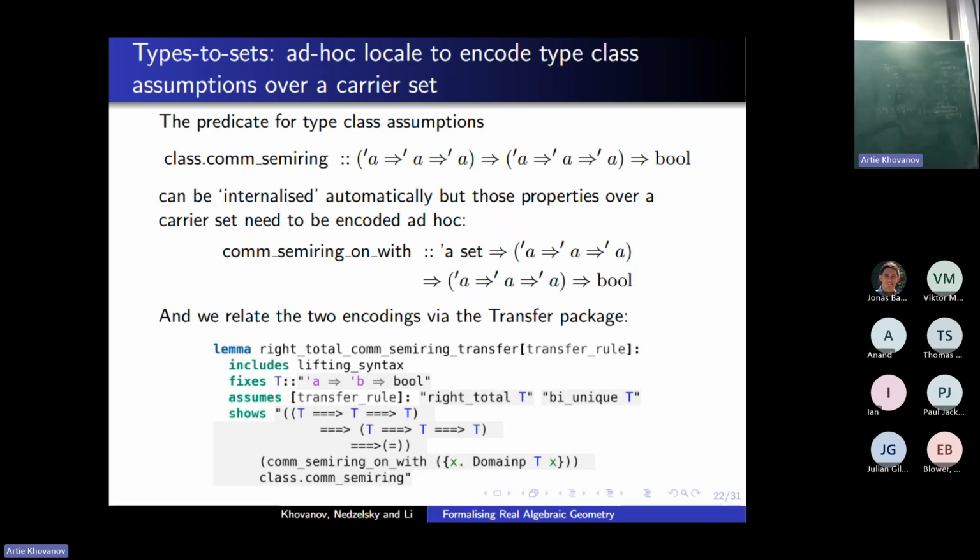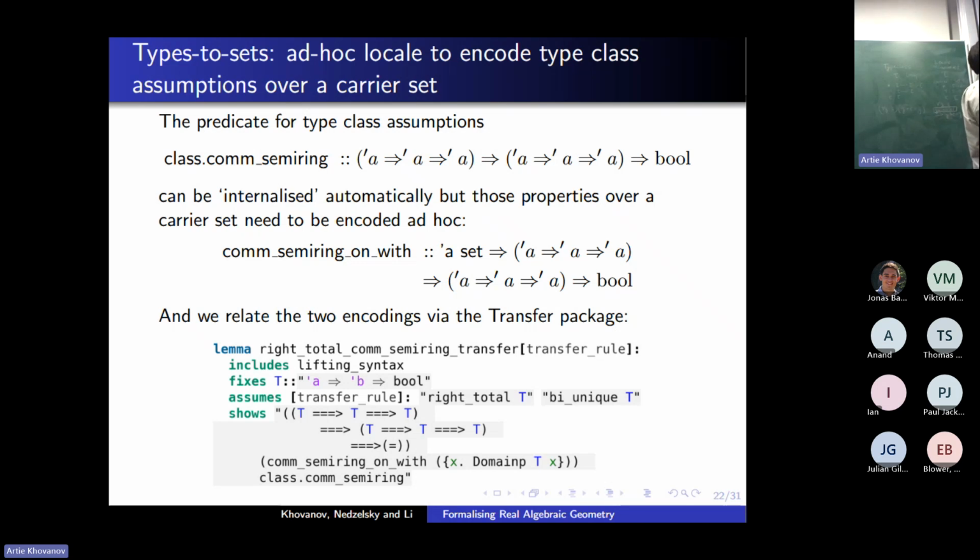This is a predicate that takes two operators, and it contains some assumptions on these two operators, the first one being plus and the second one being times. This predicate can be generated automatically. But in this framework, we need to talk about the carrier set. So we need to manually write a locale or some predicate to imitate this automatically generated predicate, which is a little bit annoying right now.